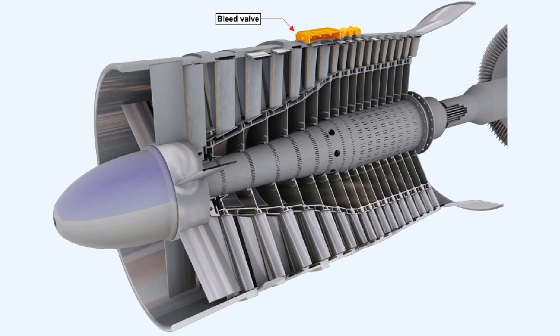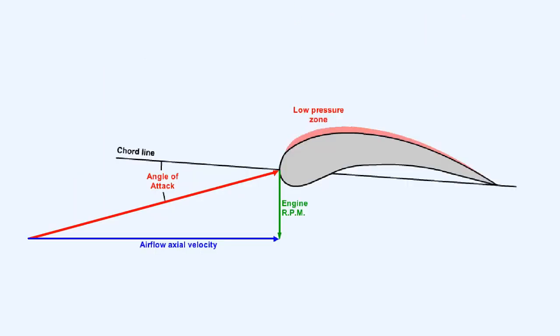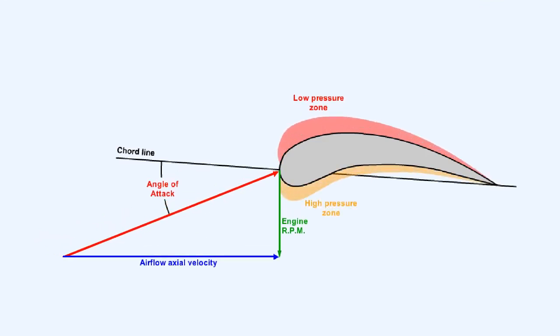If a compressor bleed valve, like the one shown here, is fitted to the compressor casing at a position adjacent to the intermediate stages of the compressor, it can be opened at low RPM and during engine acceleration to allow some of the excess volume of air to escape. This will have the effect of bringing the axial velocity of the air in the earlier stages of the compressor closer to the optimum value, and also of reducing the choking effect in the rear of the compressor.